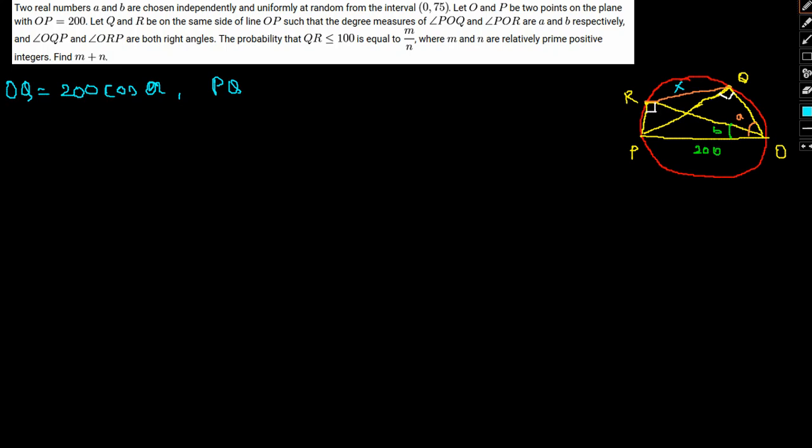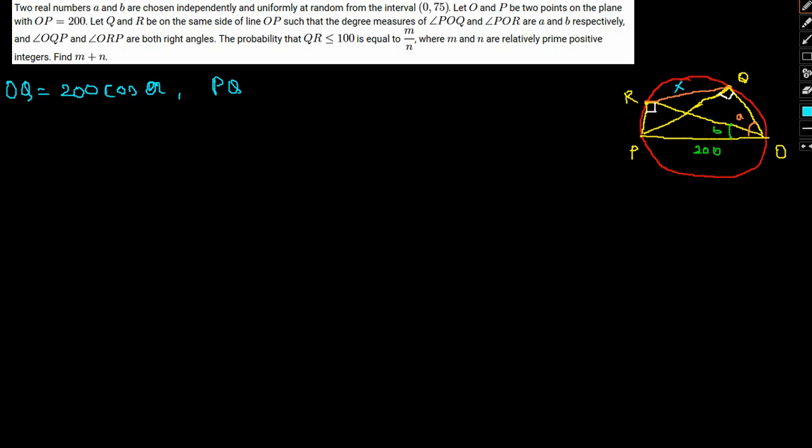Suppose I'm looking for OQ. I consider triangle QPO. Here sin theta would be the perpendicular over the hypotenuse PO, and cos theta would be the base. So OQ is the base and the hypotenuse is 200. So OQ would be 200 cos a.